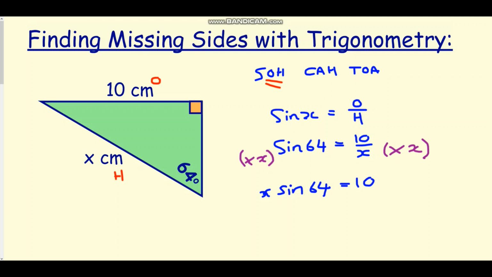Now remember in the previous examples when I was saying things like sine 64, cos 21, tan 150, they're all just numbers. Okay, so to finish this off, to get x on its own, we're going to divide by sine 64.